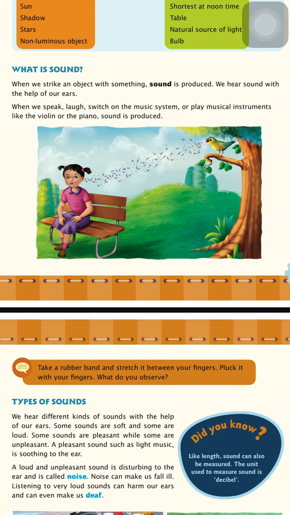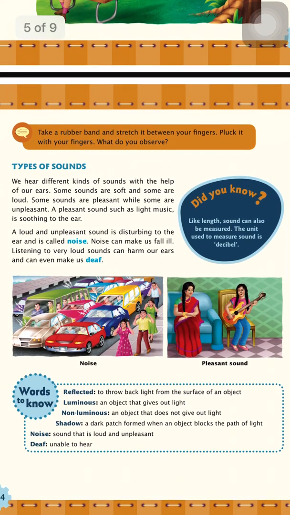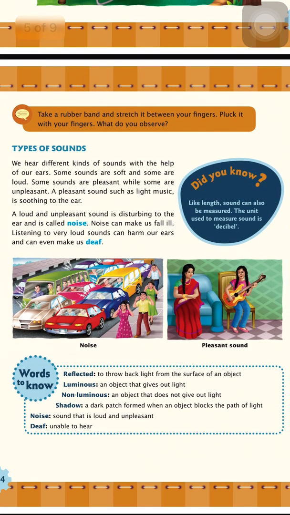Okay, we can speak, we can laugh, we can switch on the music, we can play musical instruments. So many different types of sounds we can hear that are produced by different types of objects. Now sounds are differentiated into two types. The first is soft and loud.